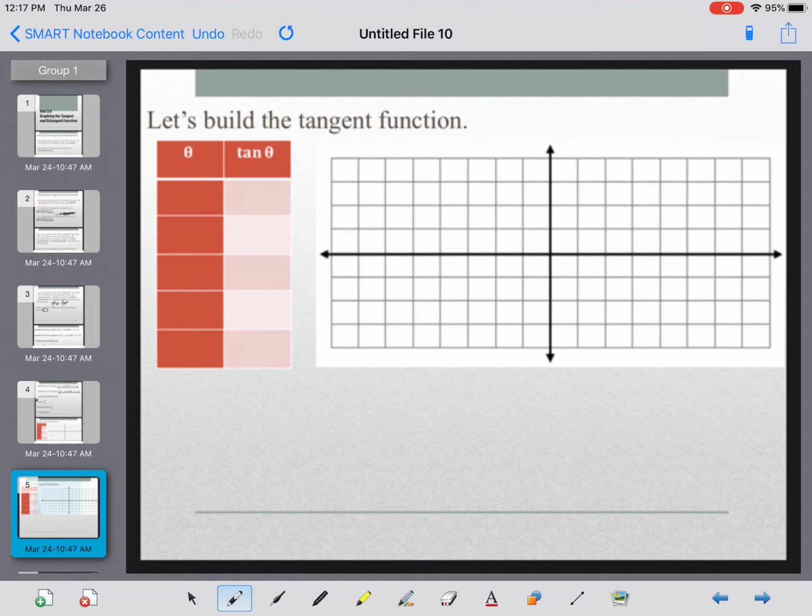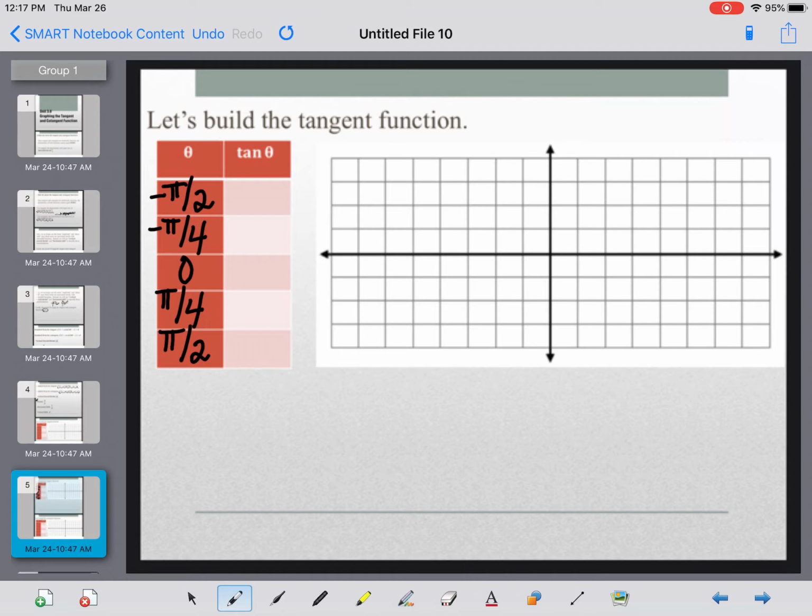Now, what table of values will we be using for each of these parent functions? For tangent, we start at negative pi over 2, negative pi over 4, 0, pi over 4, and pi over 2.